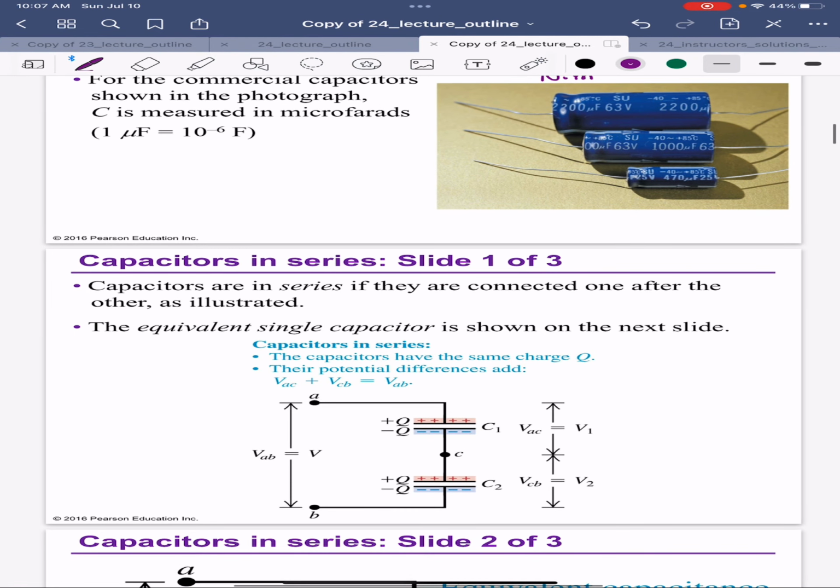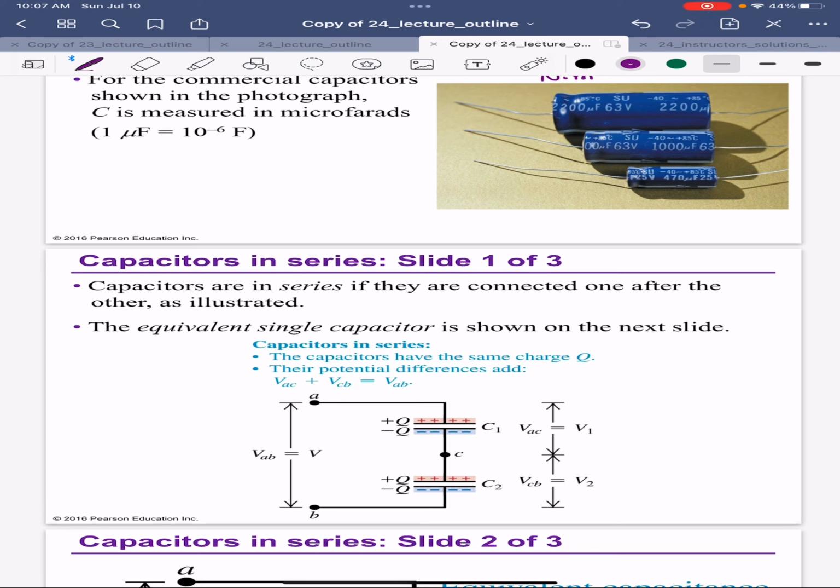Now, we want to learn how to connect capacitors in networks. One of them is the series one here. For this section, it's very important to understand the following points. First, when two capacitors are connected in series, they are connected one after the other.